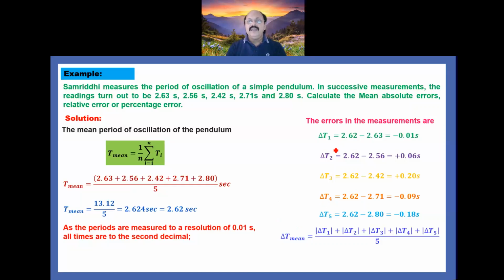So from here, mod delta T1 becomes 0.01 second.